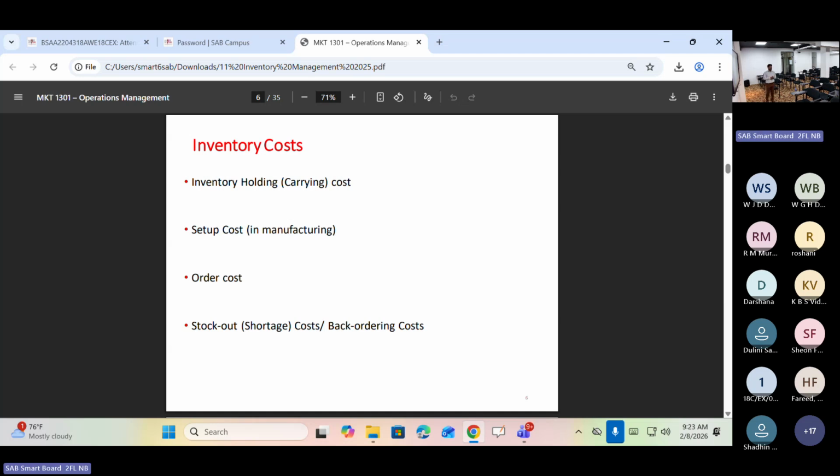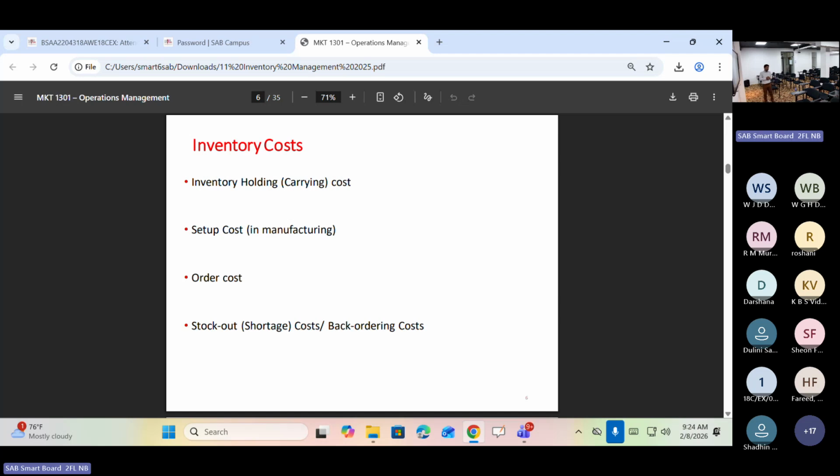That will affect our reputation as well. Customers will be disappointed because of backordering. Likewise, there can be some cost involved in supply shortages or when you are unable to supply on time. So in advanced inventory management calculations, in addition to the first two types of costs, stock out costs or backorder costs are also considered.